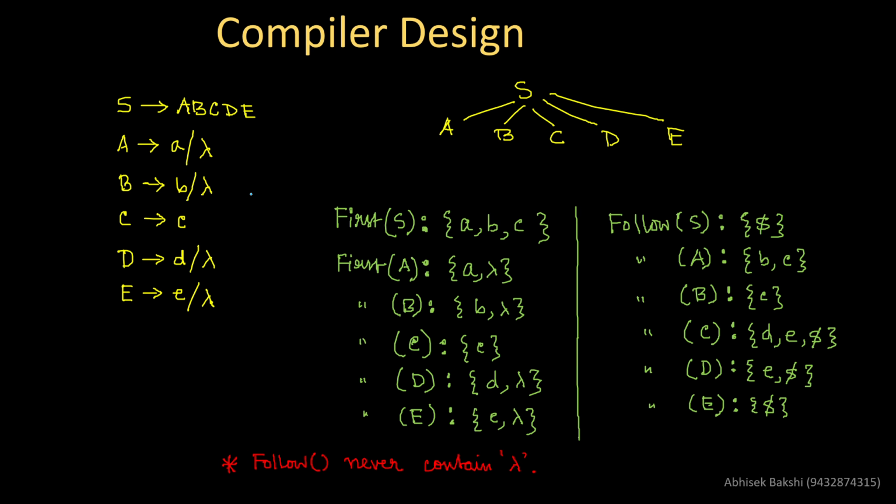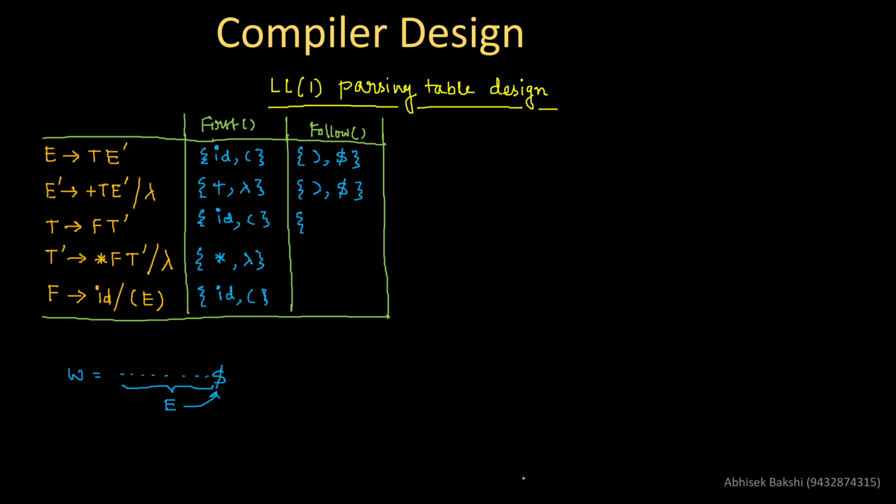Now if you recall the design of follow, I told you that follow can never contain lambda. Obviously plus will be there, but if I put lambda on this E dash, it means that this E dash vanishes, because lambda doesn't have any physical existence in the original string. That means if I vanish this E dash part in both production rules, then T becomes the rightmost symbol of the RHS.